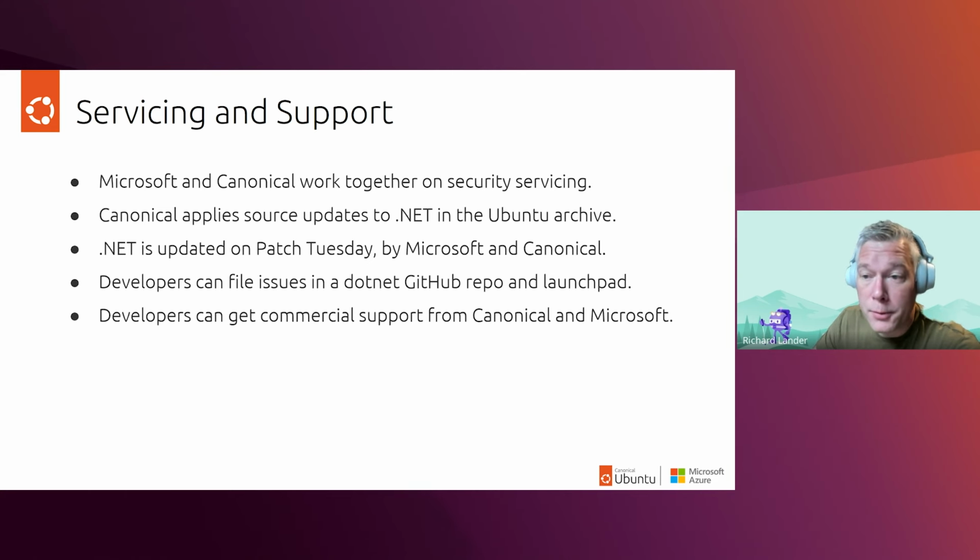And then on Microsoft Patch Tuesday, which is the second Tuesday of every month, .NET can be updated everywhere simultaneously. Microsoft updates .NET in a number of places, and then Canonical will update .NET in the Ubuntu archive.